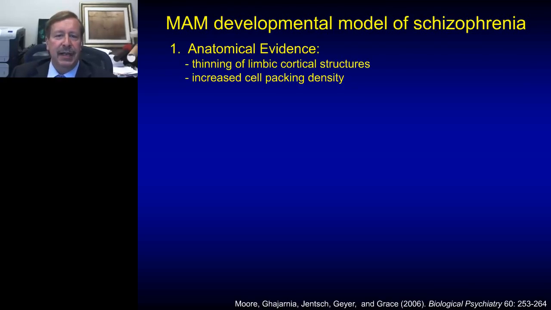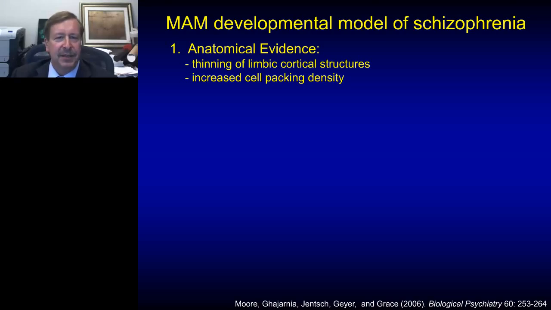We see changes in the anatomy of the adult animal after the MAM was given to the pregnant female during gestational day 17, specifically a thinning of limbic cortical structures. In fact, the same cortical structures that are thin in the human schizophrenia brain postmortem. Instead of a loss of neurons, there's an increased cell packing density.